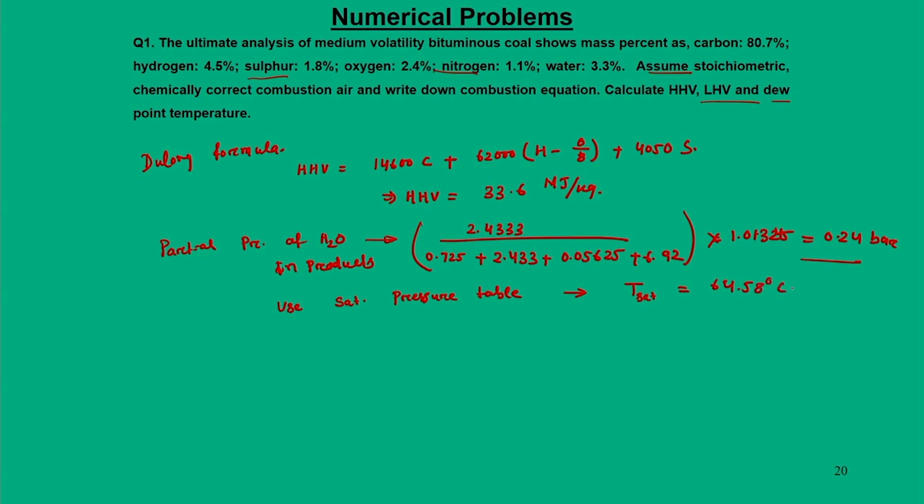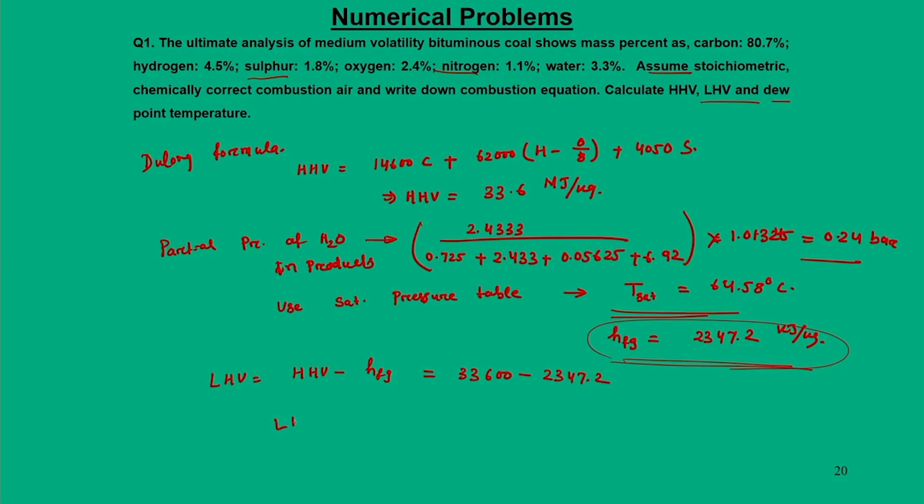The saturation temperature is 64.58 degrees centigrade, and correspondingly we can find HFG, which is 2347.2 kilojoule per kg. Knowing this enthalpy value, LHV is equal to HHV minus HFG, so 33,600 minus 2347.2.